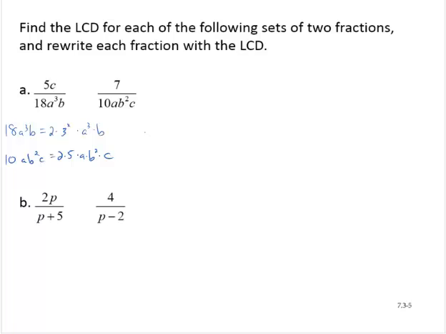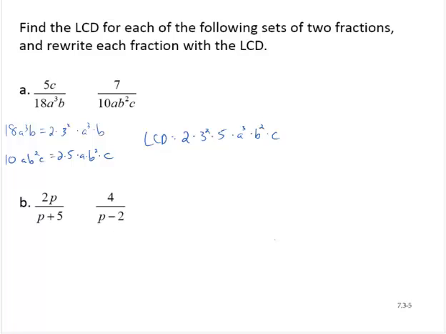So my LCD, let's see, I would need 2, 3 to the second, 5, a to the third, b to the second, and c.